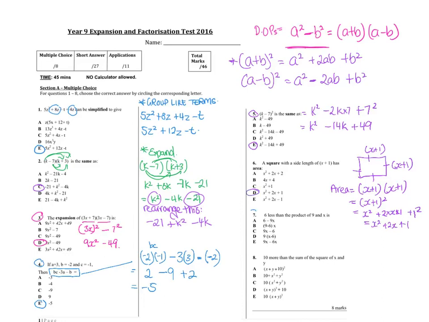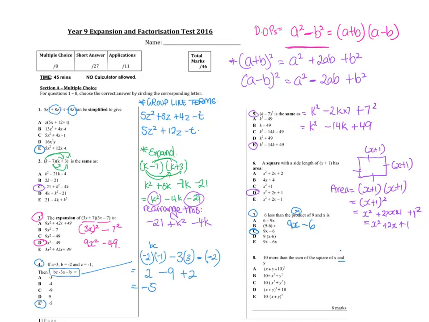Okay. Question 7. If we have 6 less than the product of 9 and x, if you times 9 and x together, it'd be 9x. And if you have 6 less than it, you'd be taking 6 away. So we would see 9x take 6. Okay, so we've got 10 more than the sum of the square of x and y.